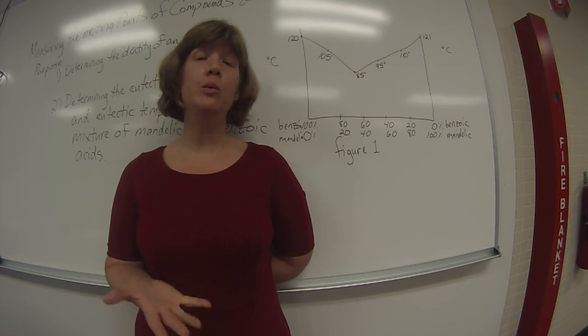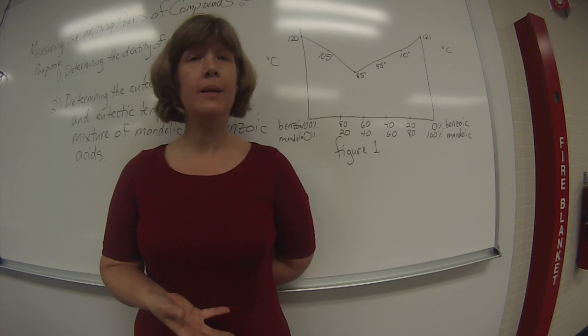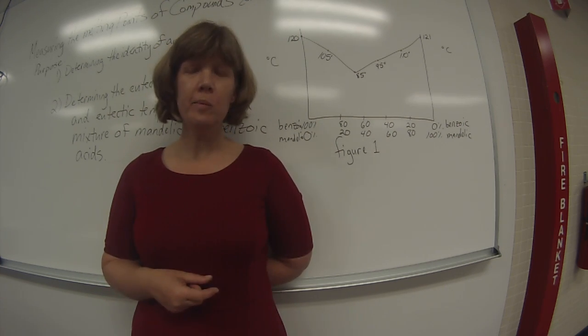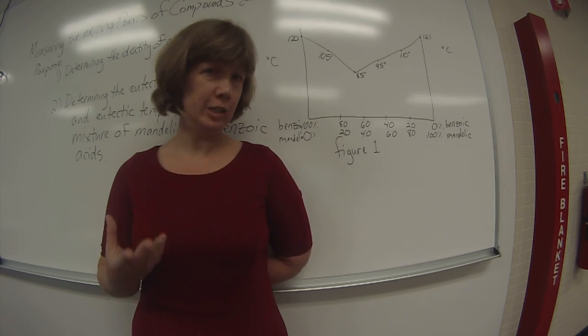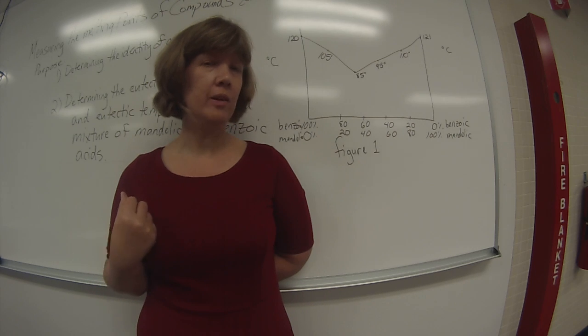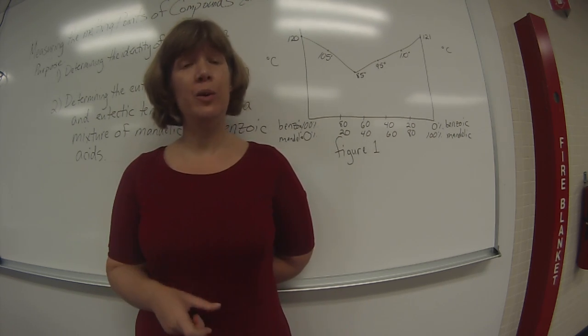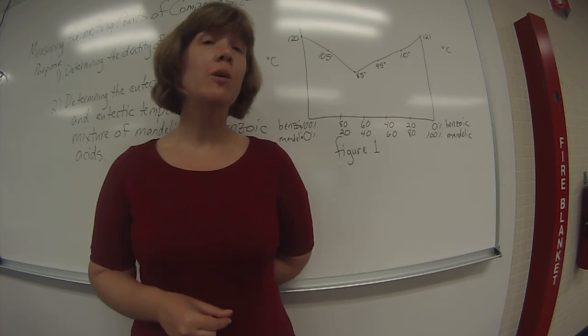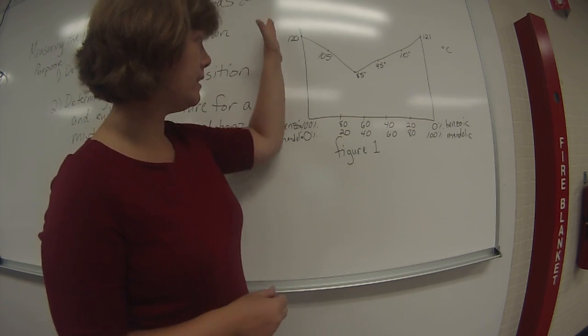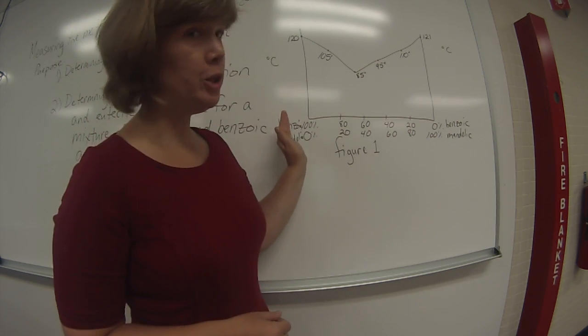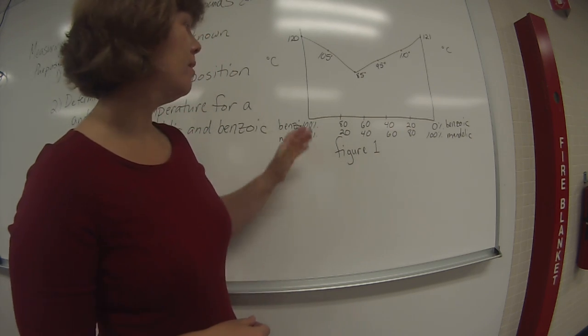And after you measure these melting temperature ranges, the purpose of doing this is to find the eutectic composition and the eutectic temperature. To do that, you'll make a graph of your data. So on the y-axis, you'll have the temperature in degrees Celsius.